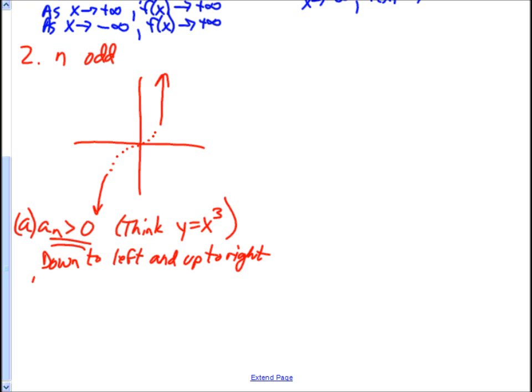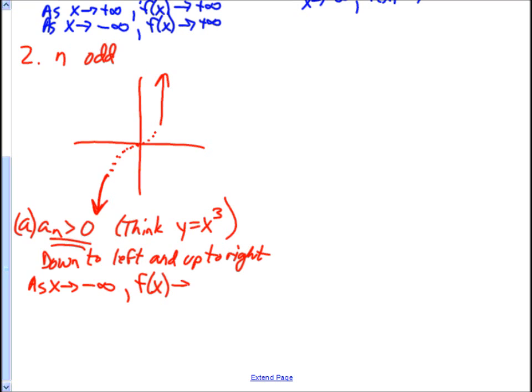In other words, as we go to the left, as x goes to the left, what does your y value do? See how as we're following this thing to the left, and again, I don't know what's going on in the middle here. Well, I do for x cubed, but for any function that has a degree odd and leading coefficient positive, as we go to the left here, you notice it goes down, right?